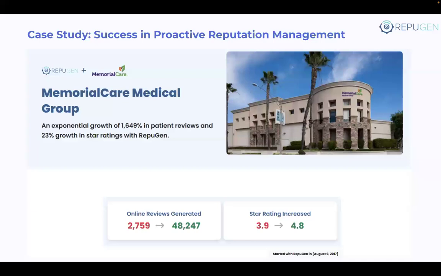This improvement just highlights the power of a proactive review management strategy. So, by them consistently engaging with patients and addressing any concerns before they turned into public reviews, Memorial Care was able to build trust, enhance their patient satisfaction, and significantly improve their online reputation.